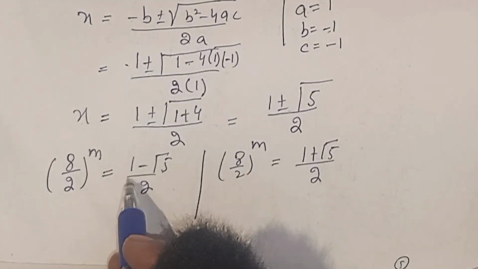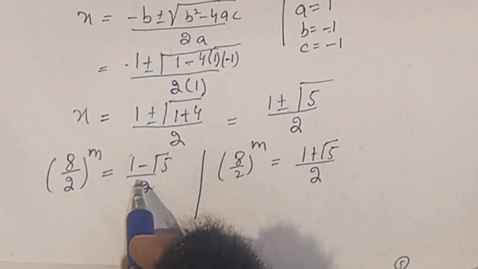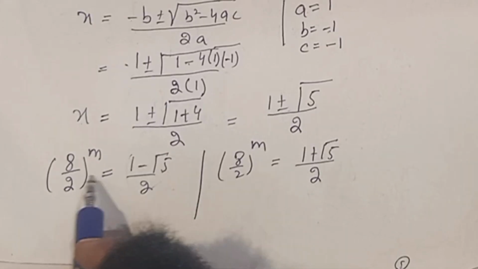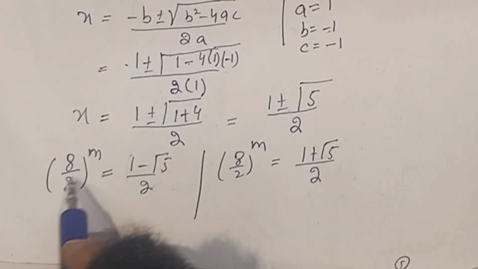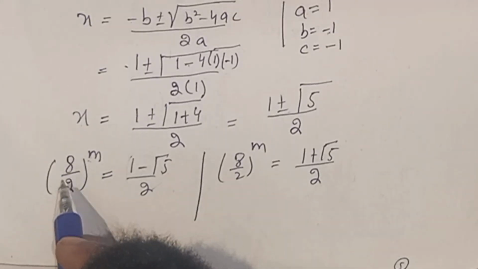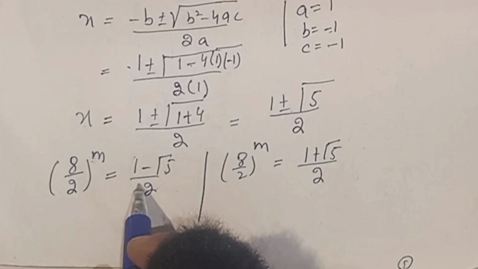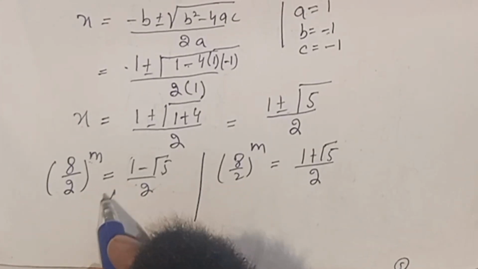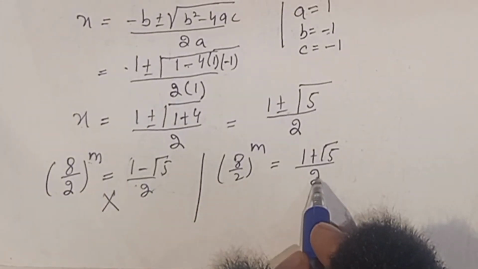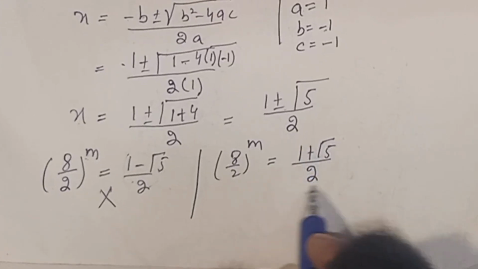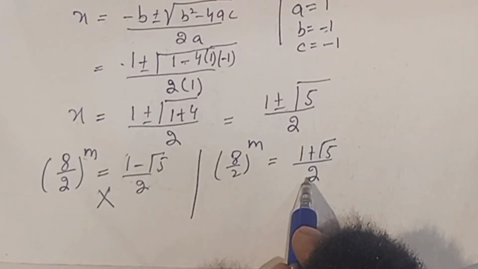Look at this, if we solve this value then we get a negative number, and the left hand side is in exponent form. So exponent form is not equal to any negative number, so we cannot use this equation. So look at this, if we solve this then we get a positive number.